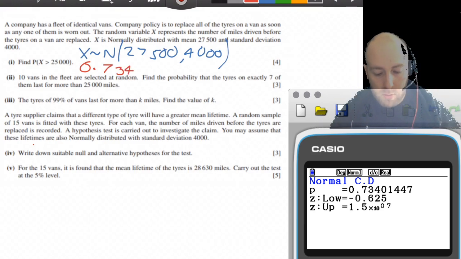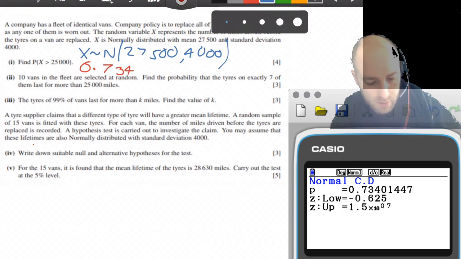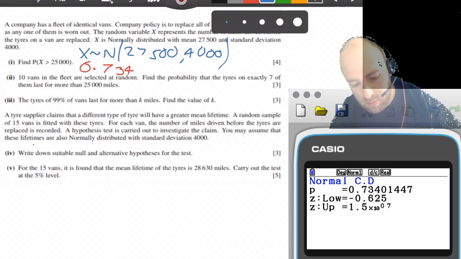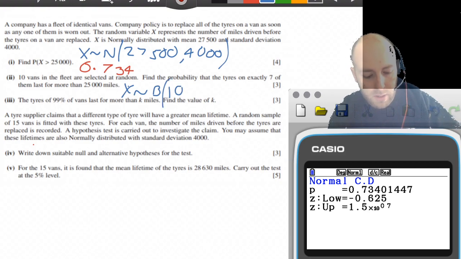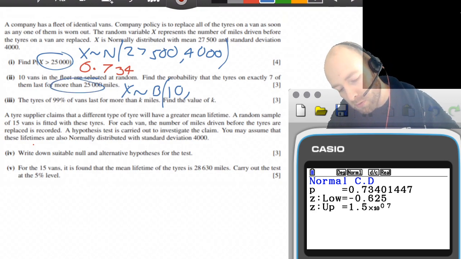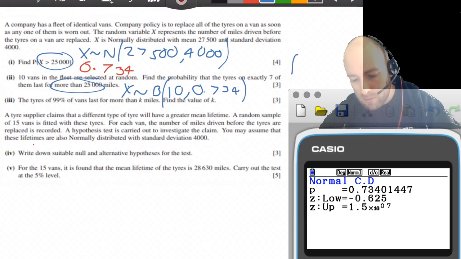Next bit. So binomial now. What should we call it? Z? No, Y is a binomial. 10 selected, and if you look, it's the same question, so that's nice of them, 0.734, so you don't need to do any more work there. And we want to find the probability X equals 7, which we haven't done in a while.